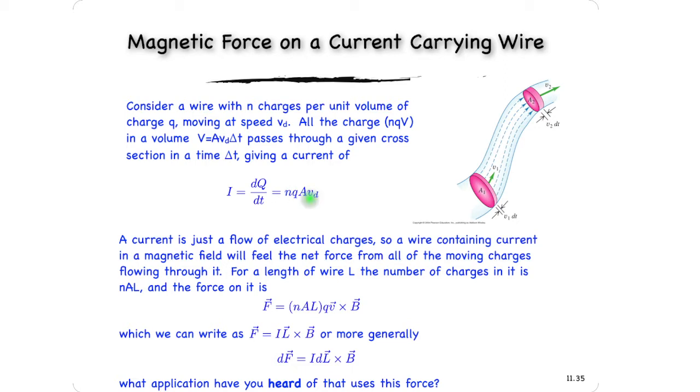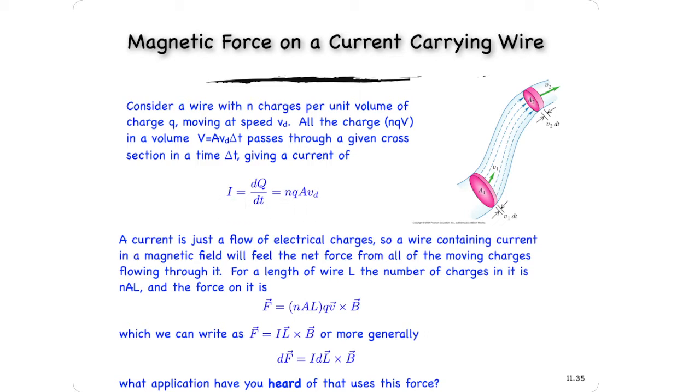That's going to be the number per second times q, the charge. So that's the total charge per second. It's the current in the wire. So we've expressed the current in the wire in terms of the drift velocity of the charges. And we want to do that so we can apply our qv cross B formula for the force on moving charges.